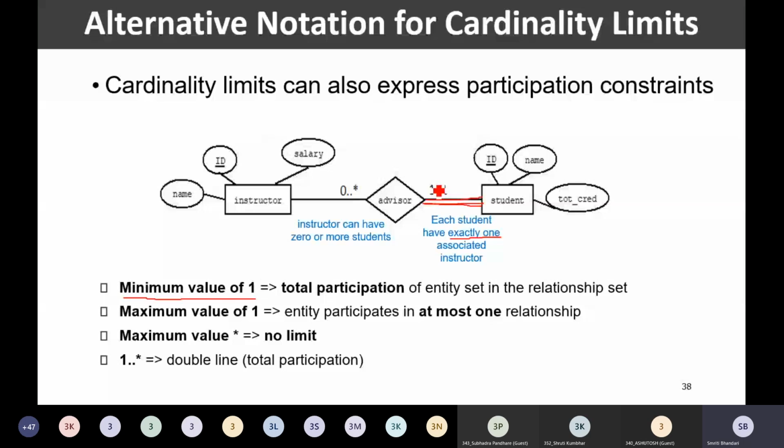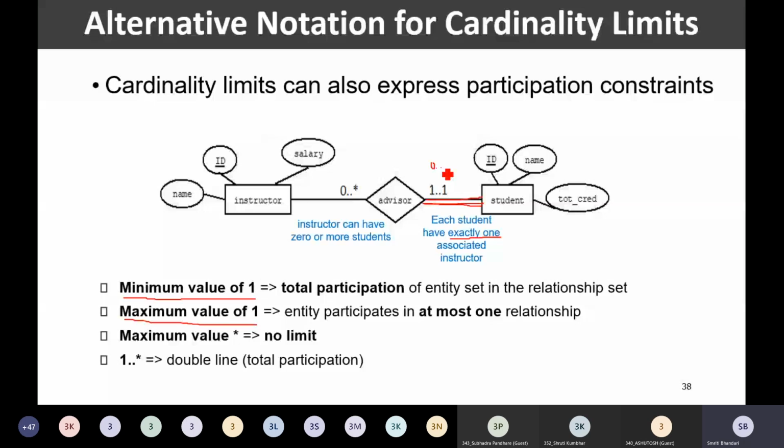If the maximum value is 1, what does this mean? This means that the entity participates in at most 1 relationship. At most 1 means not more than 1. Let us assume that I have the notation 0 dot dot 1.